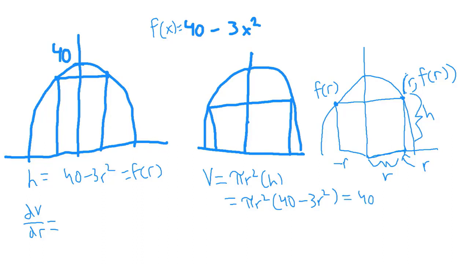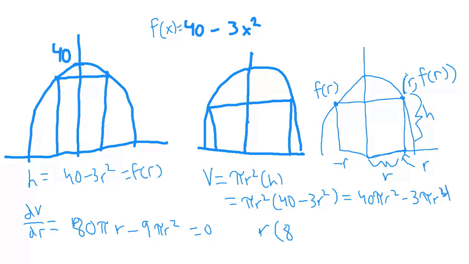We get 40 pi r squared minus 3 pi r to the 4. Sorry, this should be r to the 4, because r squared times r squared is r to the 4. My bad. So the derivative is 80 pi r minus 12 pi r cubed, and we're going to set this equal to 0. So we can just factor out our r now.